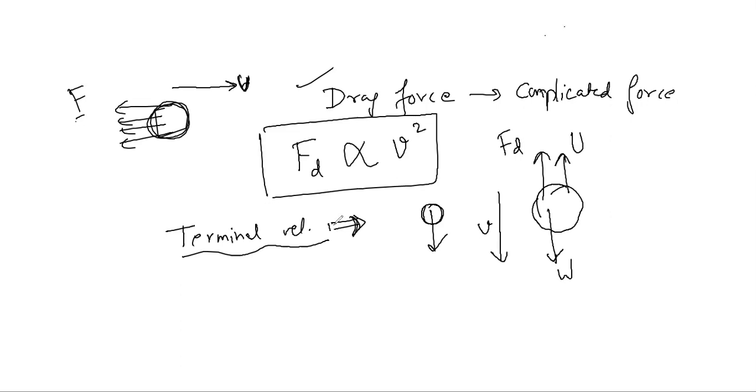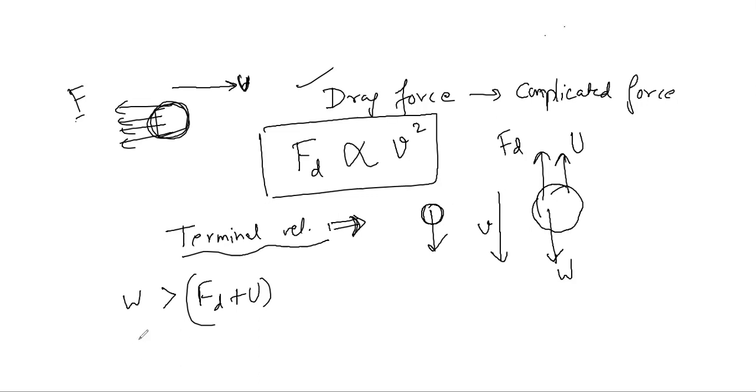Now, I think we have seen this in the last class also, that when W is greater than Fd plus U, then this object will accelerate. It will come down with some acceleration.